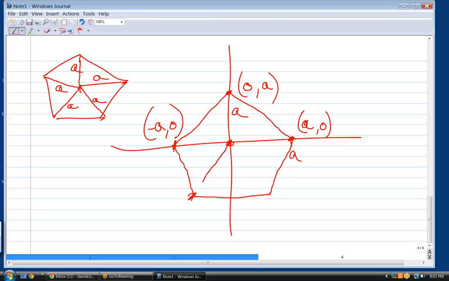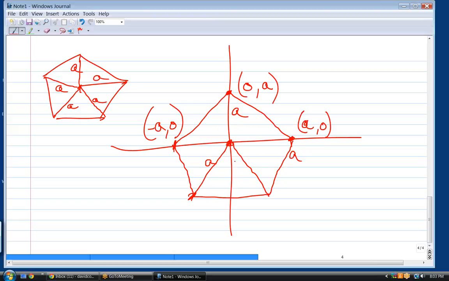Well, if I know that that's a, I know this angle. What's each one of these central angles? Well, what's the total? There's 360.